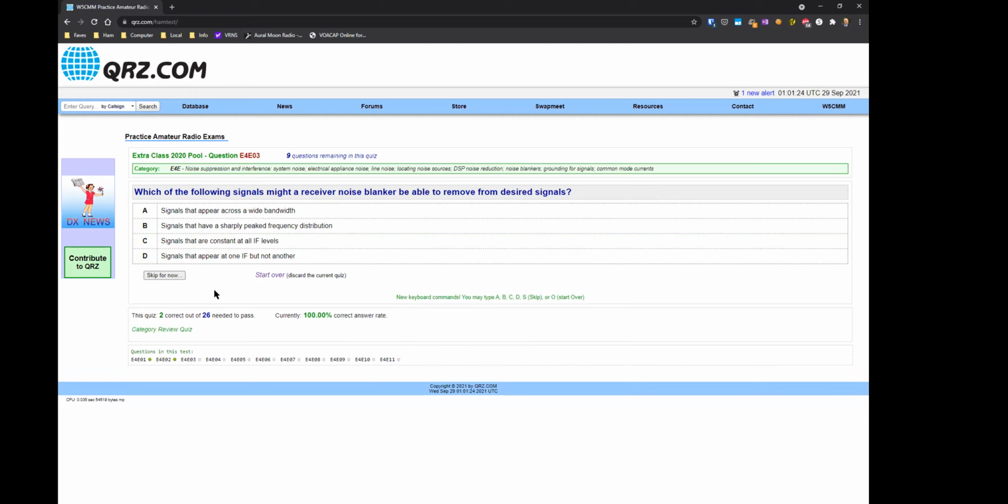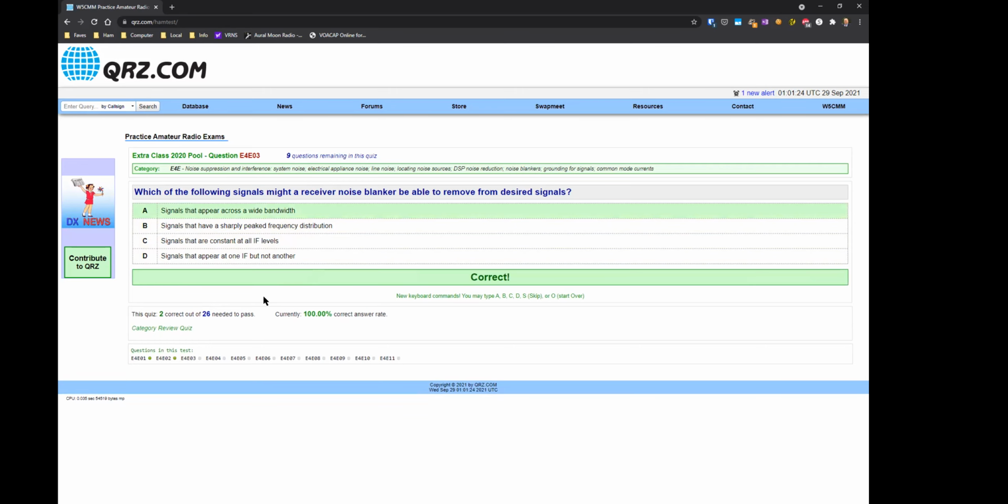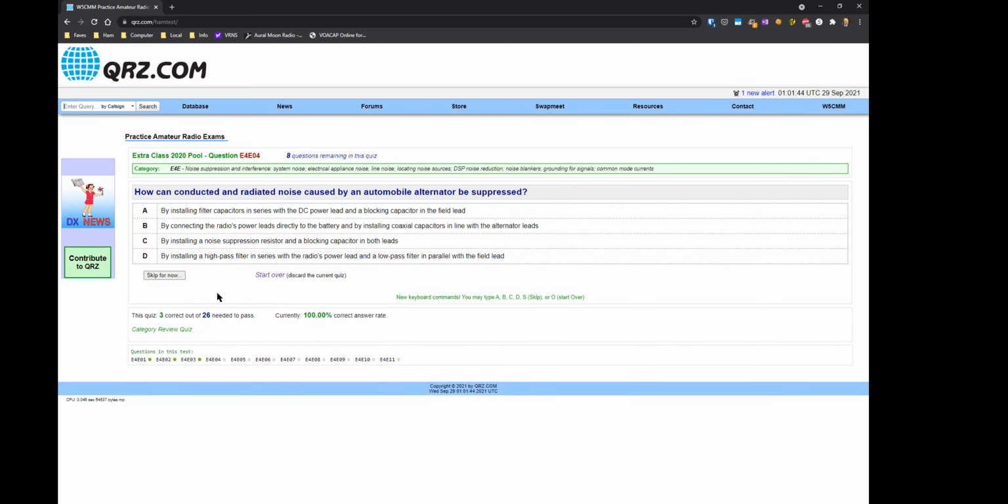Which of the following signals might a receiver noise blanker be able to remove from desired signals? This is the controversial one. Yeah, the wide bandwidth. How can conducted and radiated noise caused by an automobile alternator be suppressed?